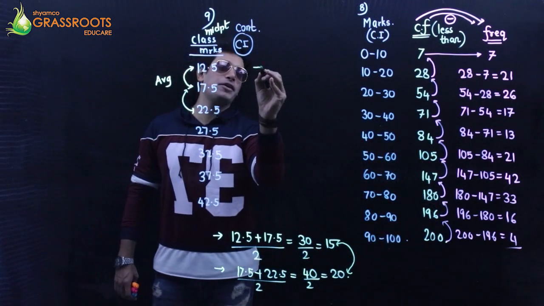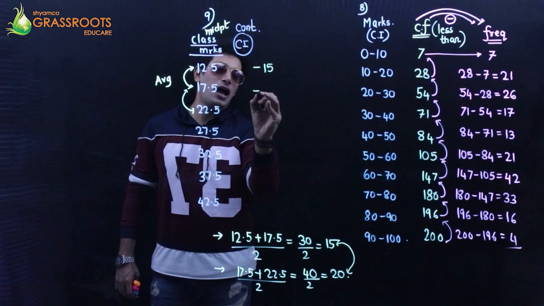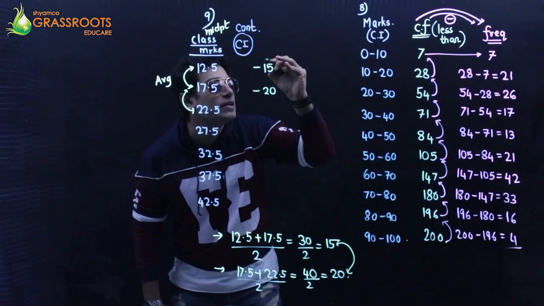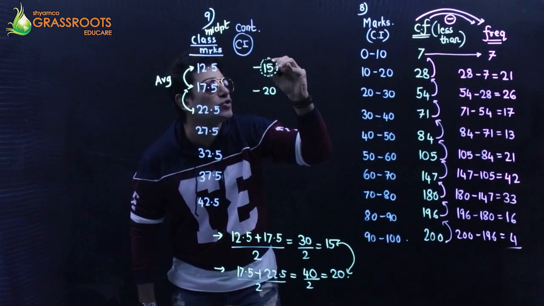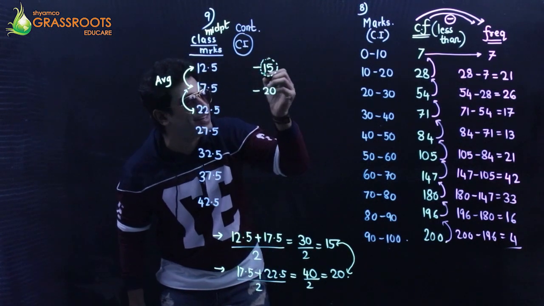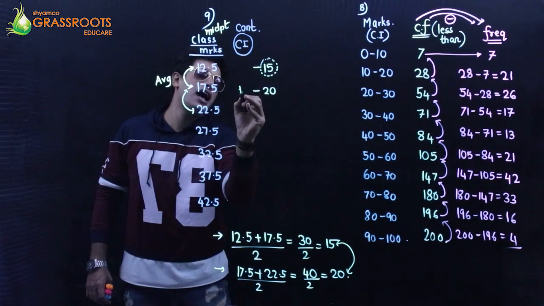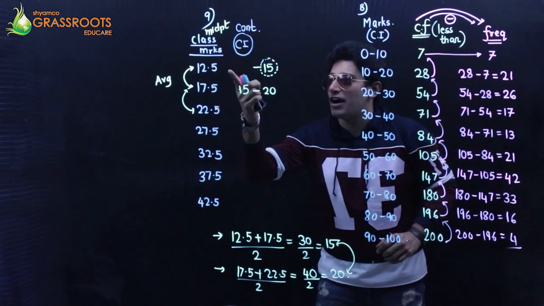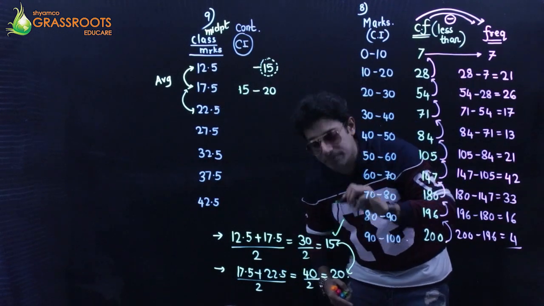Out here, it's going to be up till 15. Out here, it is going to be up till 20. Obviously, now listen. The upper limit is 15. So obviously the lower limit of the next continuous class has to be 15. Check. For 12.5, the upper limit, I'm getting it as 15.